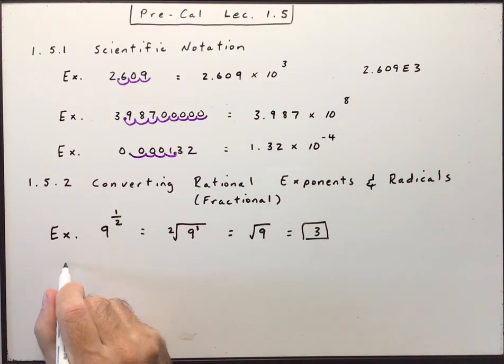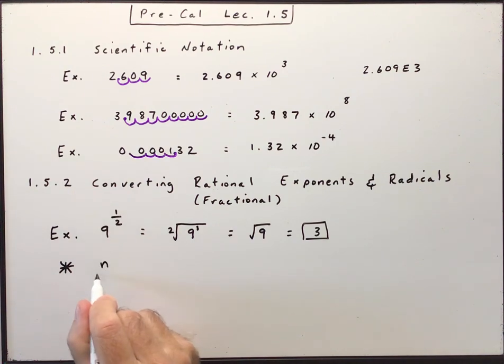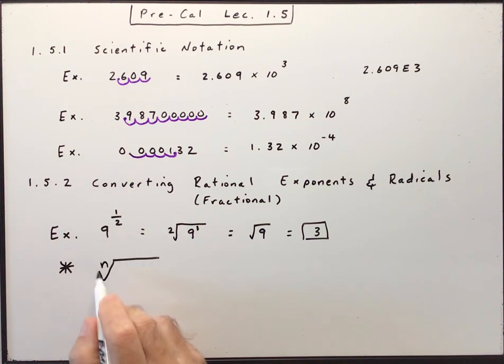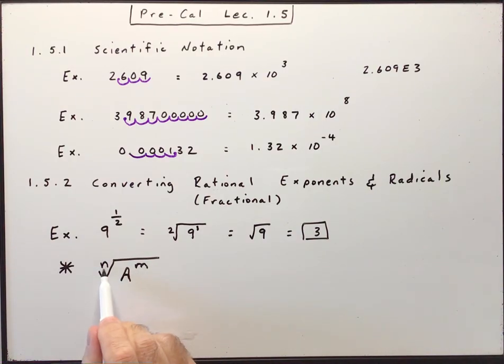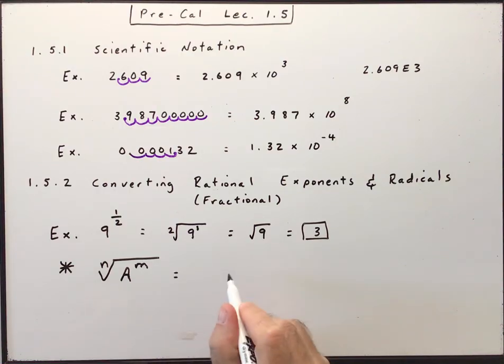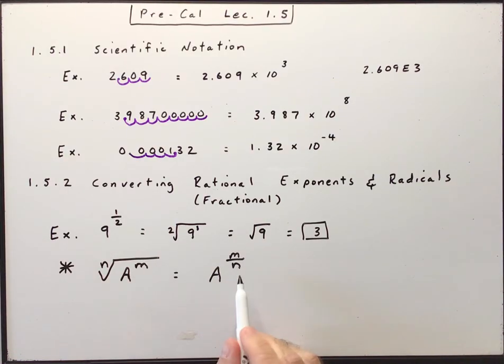Okay, so our general rule is, the nth root of a to the m is equal to a to the m over n power.